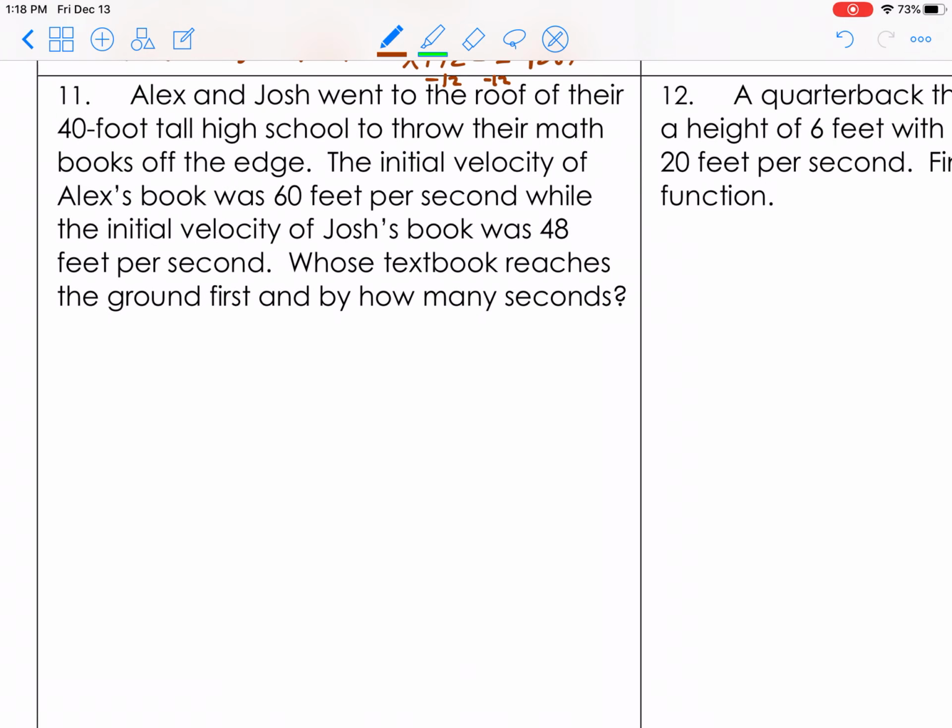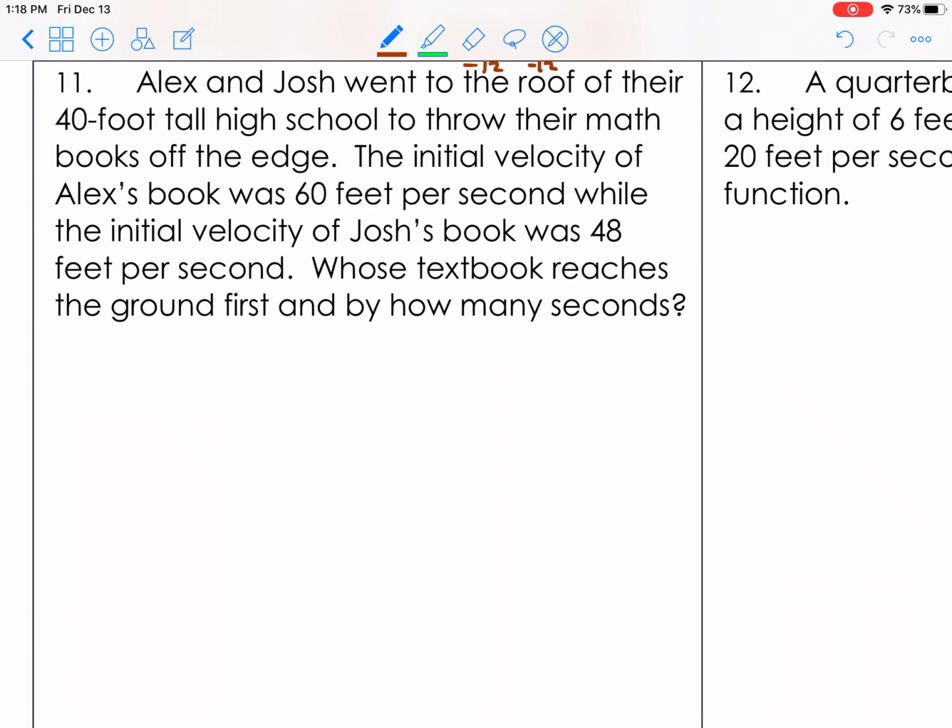Okay, I gave you the equation for how to solve these two when you were in class. So for Alex, the equation is y equals negative 16x squared, and he used initial velocity of 60, plus 60x, and he was 40 feet high, so plus 40.